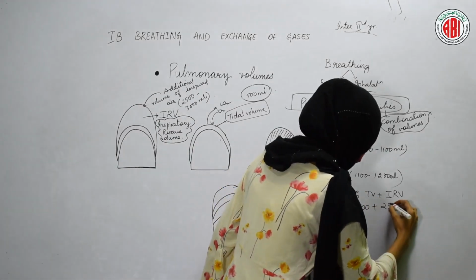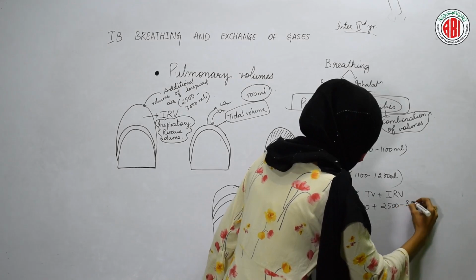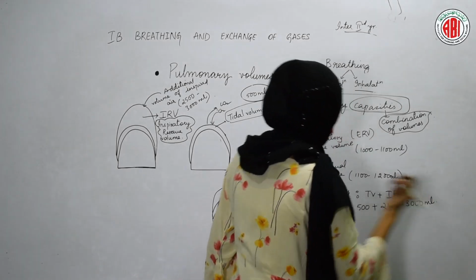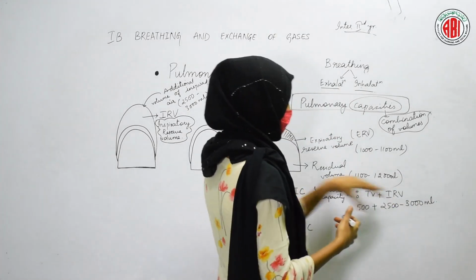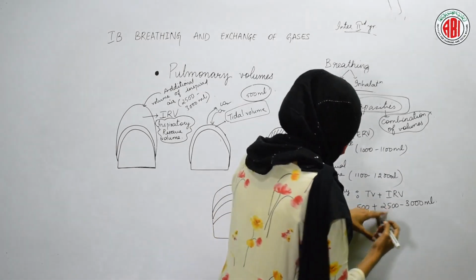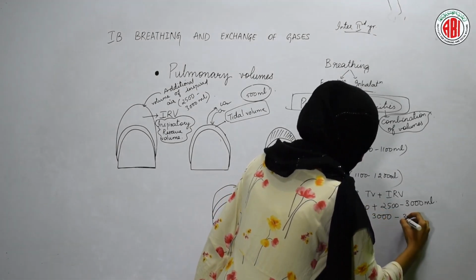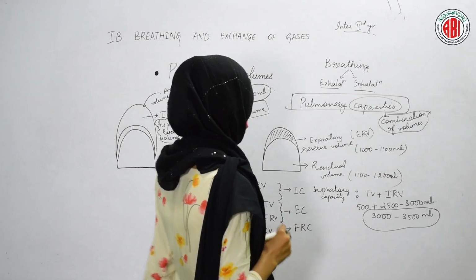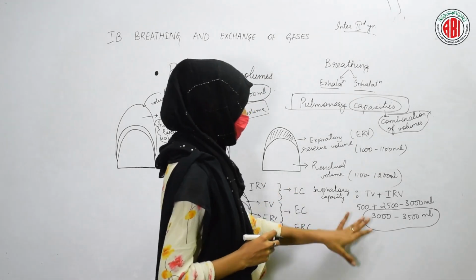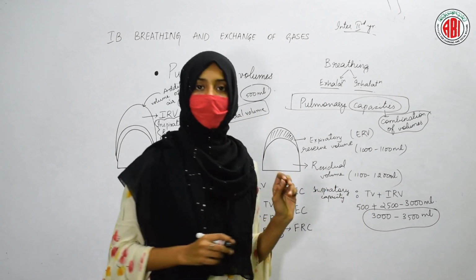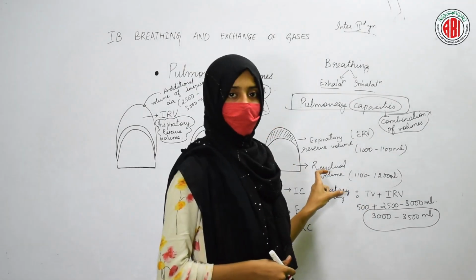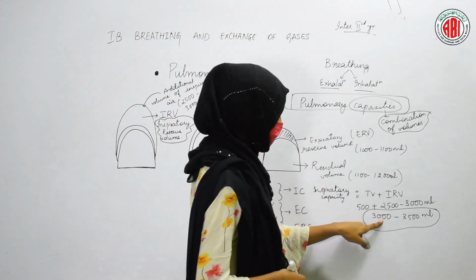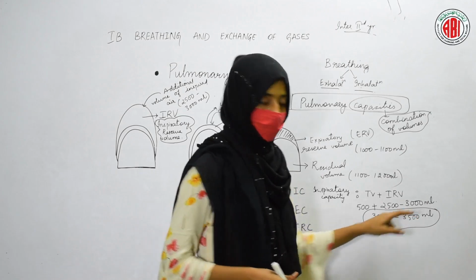If we add this up, then it will be 3000 to 3500 ml of air that can be taken up, and it is regarded as inspiratory capacity. So the inspiratory capacity of a lung is given as 3000 to 3500 ml.